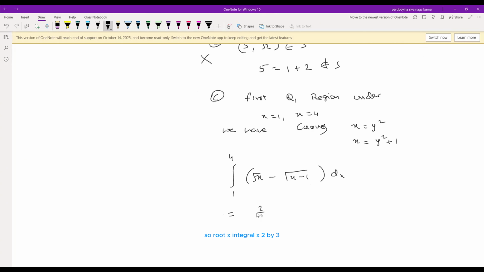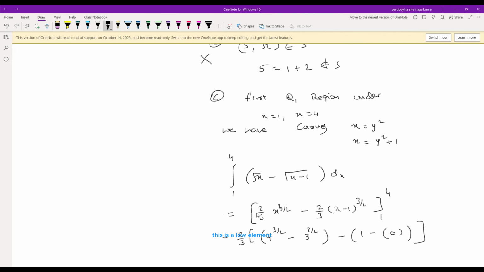So the integral of root x is 2 by 3 x power 3 by 2, minus this one also 2 by 3 x minus 1 power 3 by 2, under the limits 1 to 4. So 2 by 3 you can take outside as a common factor. First we will substitute 4: 4 power 3 by 2 minus 4 minus 1, 3 power 3 by 2. This is the upper limit. Minus the lower limit: 1 minus 1 minus 1, 0.